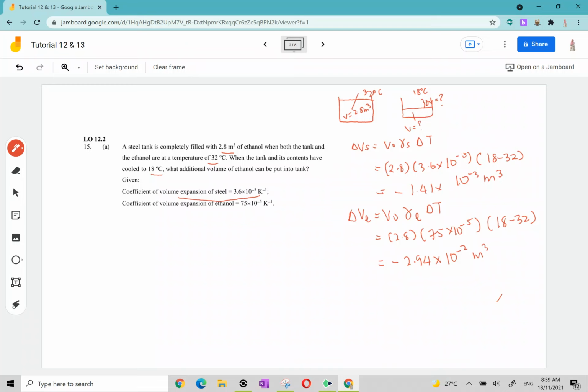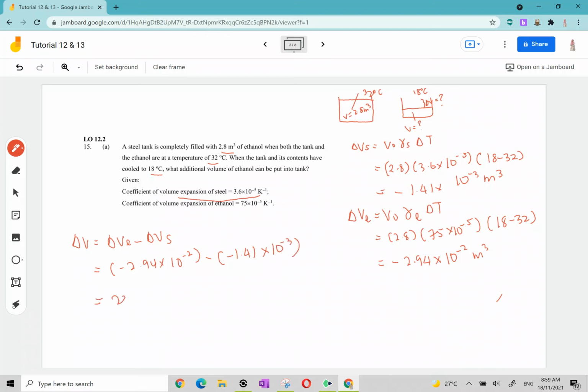So berapa additional volume of ethanol can be put into tank? So kita boleh kira iaitu delta V ini adalah sama dengan delta V bagi ethanol minus delta V bagi steel tank. So sekarang negatif 2.94 power of negative 2 minus dengan negatif 1.41 power of negative 3.